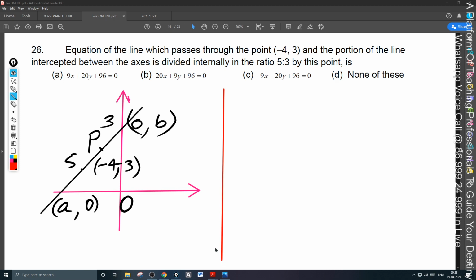Section formula, if you apply, P is equal to 3a by 8.